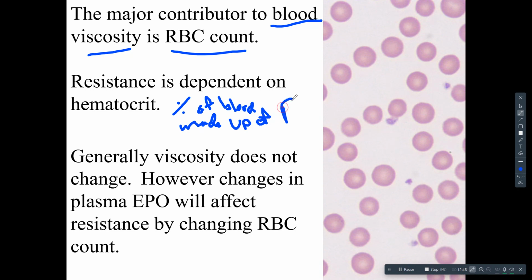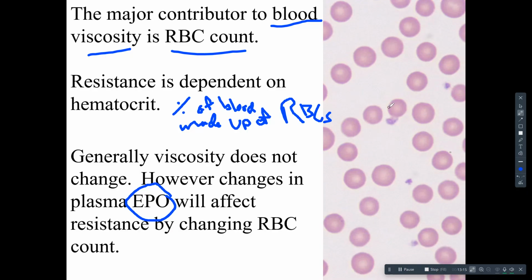Now, usually, viscosity does not change. However, if our EPO goes up, if we make more EPO, erythropoietin, we will increase red blood cell count, which will increase viscosity, which will increase resistance, which will decrease flow.